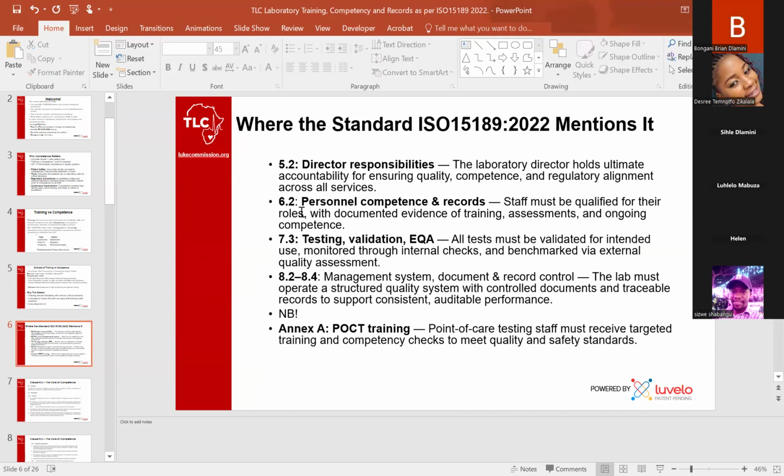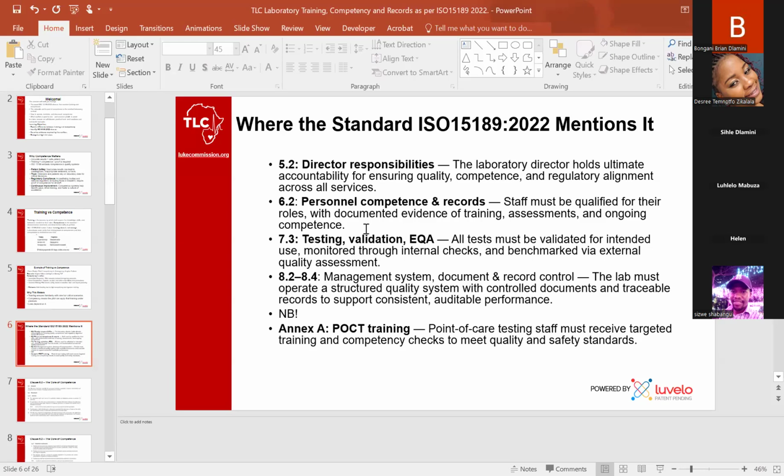Okay, 6.2. 6.2, all accredited laboratories know this is where the trickiness goes. Personnel competence and records. Staff must be qualified for roles with documented evidence of training assessments and ongoing competence.